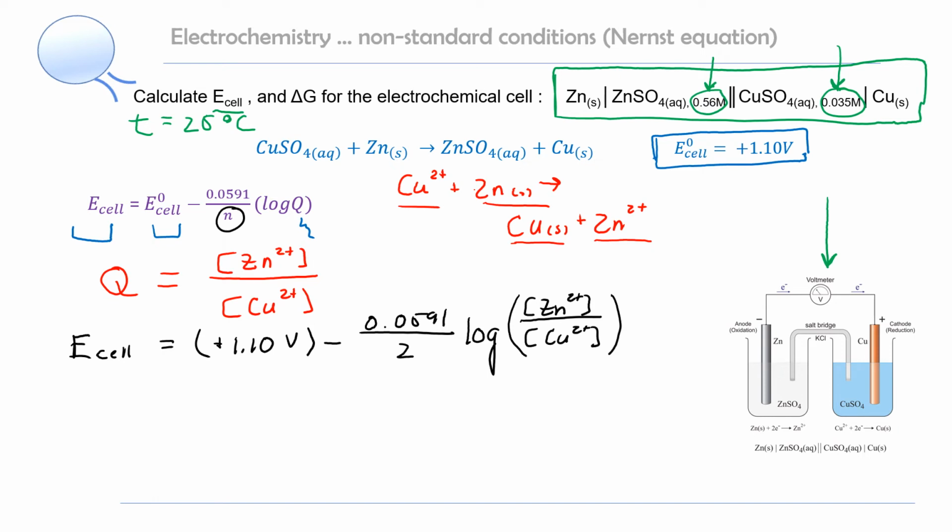Okay, so that term I'm going to plug in for the zinc ions, they are 0.56 molar, and the copper ions up here, 0.035 molar. So that's the ratio of the concentrations you're going to take the log of.